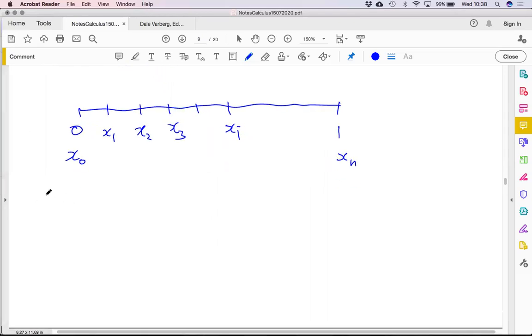We have x1 is x0, the previous node, plus delta x. Sorry, x0 is 0, not 1. So x0 is 0, and here we have 0 plus delta x, 0 plus 1 over n, which is 1 over n.